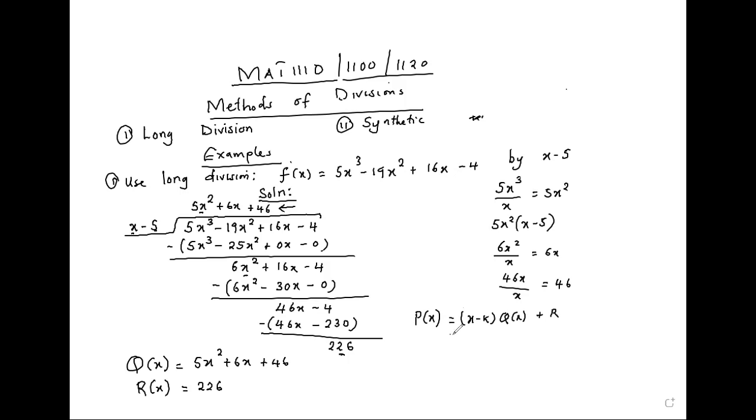So in this case, we would write our divisor, x minus 5, multiplied by the quotient, which is 5x squared plus 6x plus 46, plus the remainder, which is 226. So we have written it like that. So that's what they require.